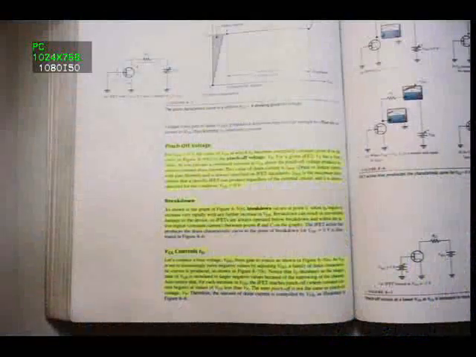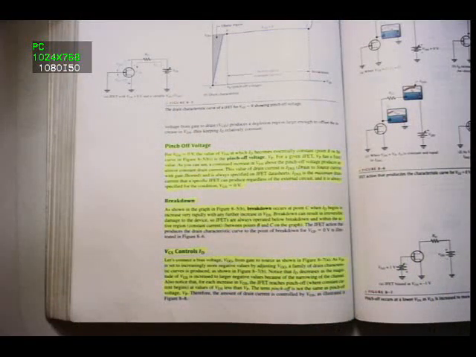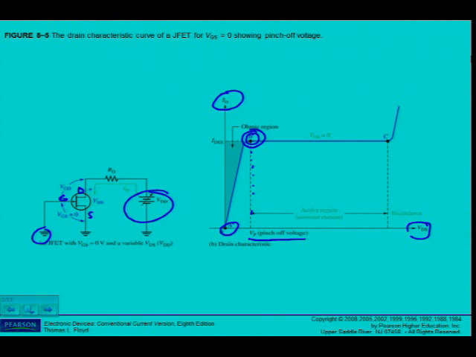For a given JFET, V pinch off has a fixed value, which I will get from the data sheet as well. As you can see, a continued increase in VDS above the pinch off voltage produces an almost constant drain current.